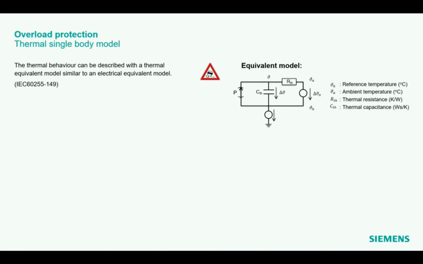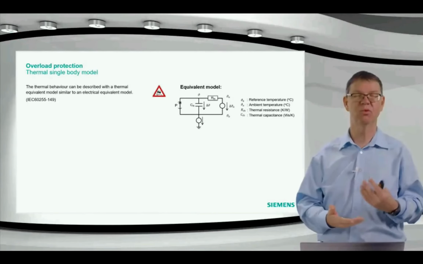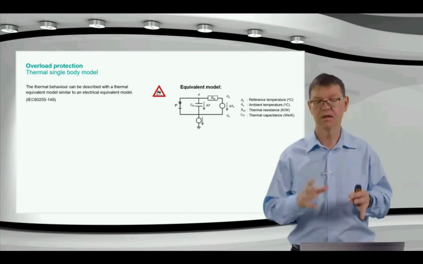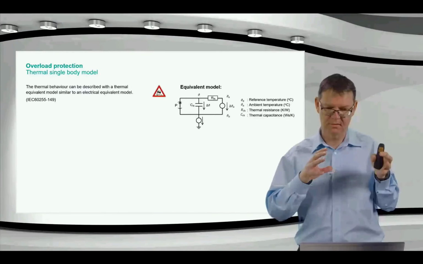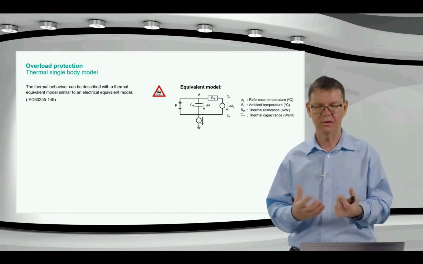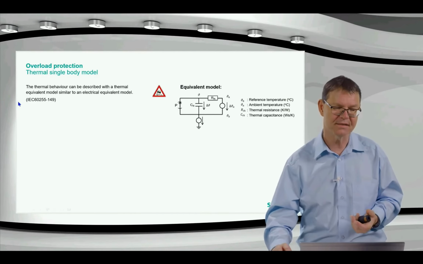So why do we use such a simple model? Simply for one reason, because we don't get the proper data if we would take a more sophisticated model. The data we get from the motor manufacturer is rather limited. So we found a model here. Therefore, it's also in this IEC standard. It's common practice.